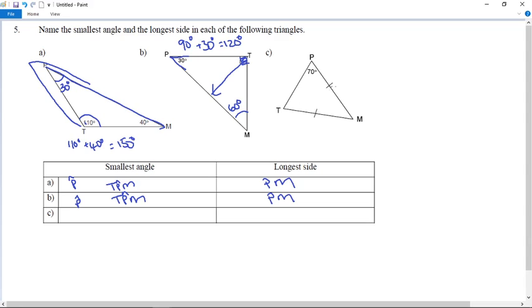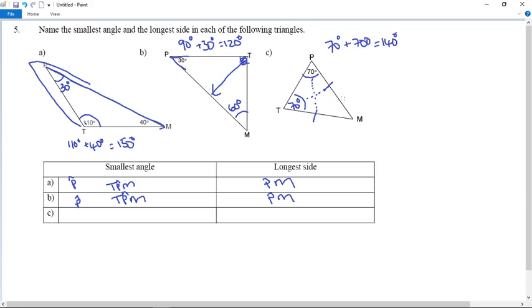Now this last triangle C, there are markings here which show you this is an isosceles triangle. So remember, in an isosceles triangle, it's the angles opposite the sides that are congruent. So you look at the congruent sides and you look at the opposite angle. So this angle here is 70 degrees as well. 70 degrees plus 70 degrees is 140 degrees.